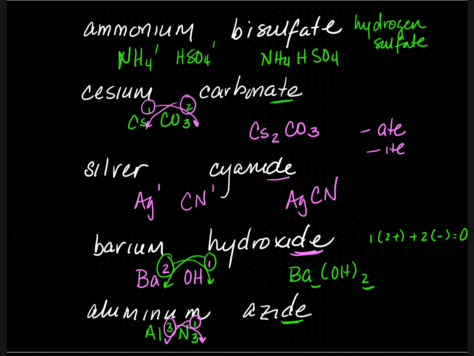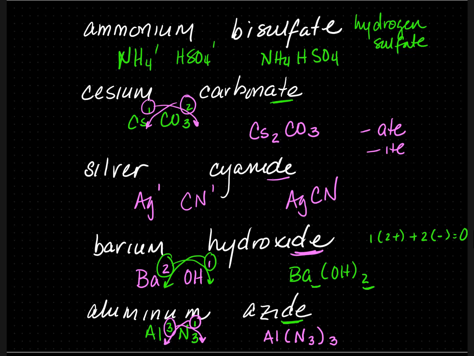So this is Al1, which we don't write, parentheses N3, parentheses 3. Remember, azide is a polyatomic. There is more than one polyatomic, so we put parentheses and a 3 on the outside.